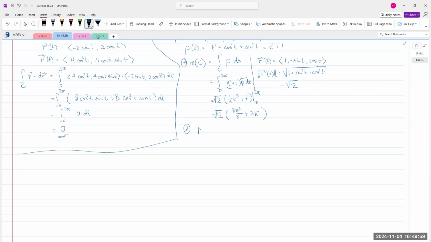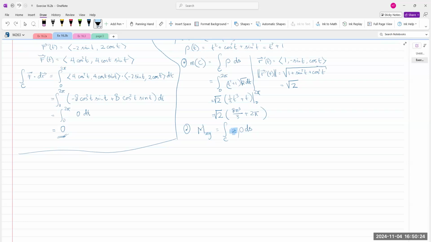The center of mass is 3-dimensional, a lot of work. So moment with respect to xy plane will be the same integral, but we insert the c. Moment with respect to xy plane is the distance from xy plane, which is z.